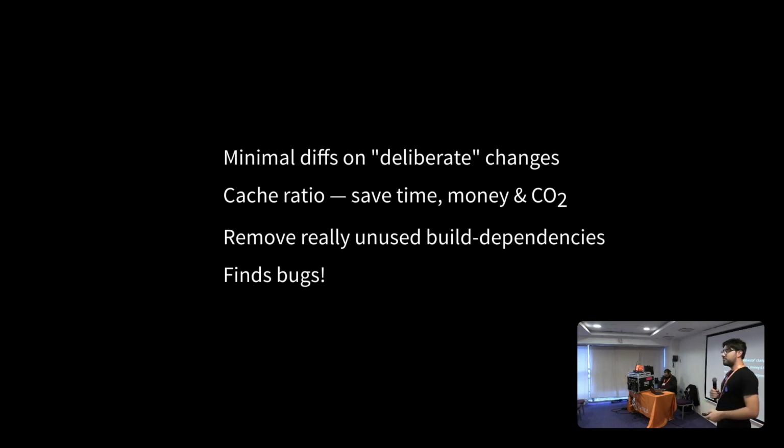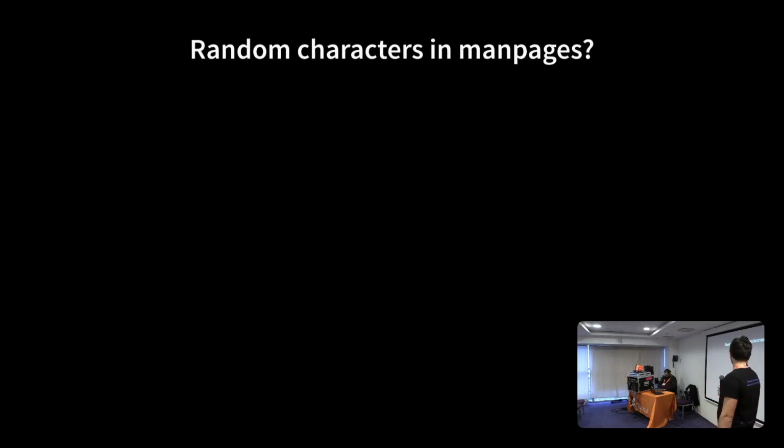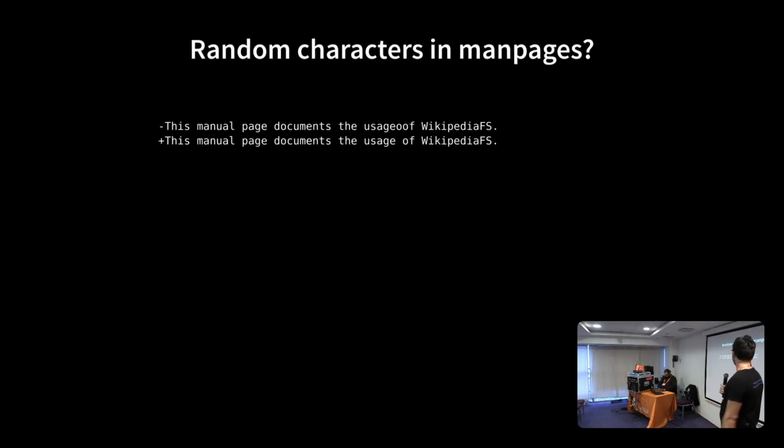And we found a lot of bugs. I have an example, exactly like this. We found this in our continuous testing in Debian. We found these changes randomly in building a man page. You see this single O here. We actually found a lot of such bugs.